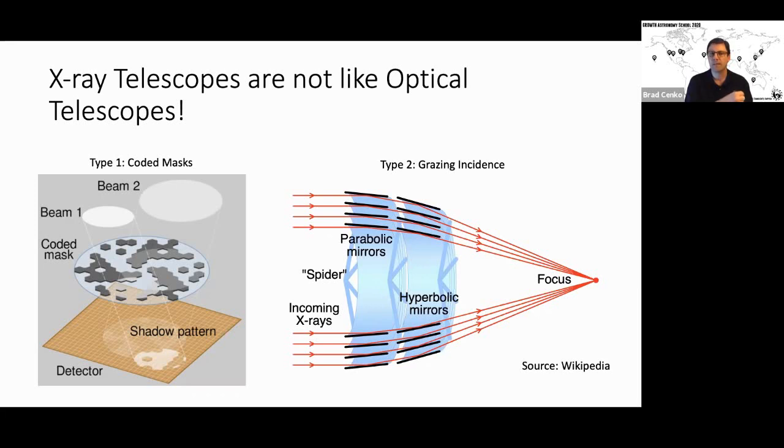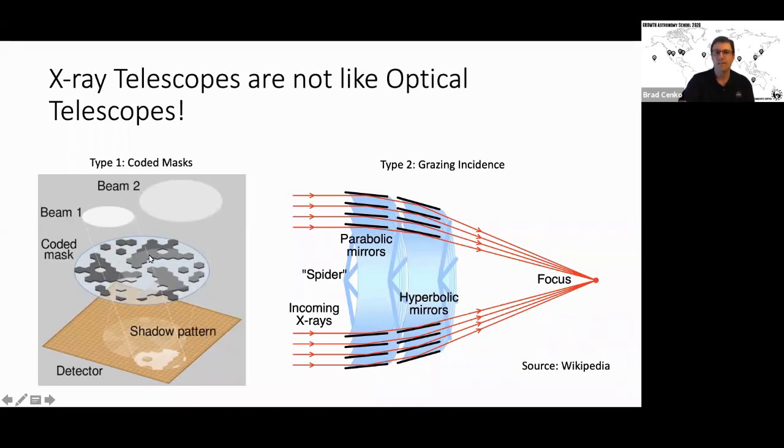If an incoming X-ray photon hits one of these tiles, it will be absorbed. It's very dense, very thick material. But then there are also gaps in this mask. There are holes where X-ray photons can penetrate directly through and illuminate a detector.